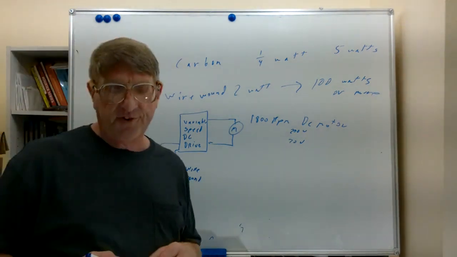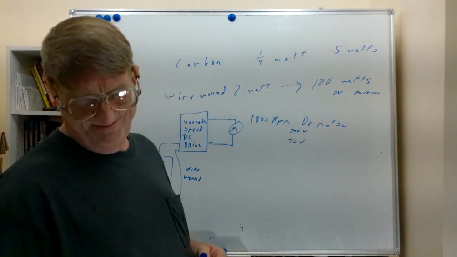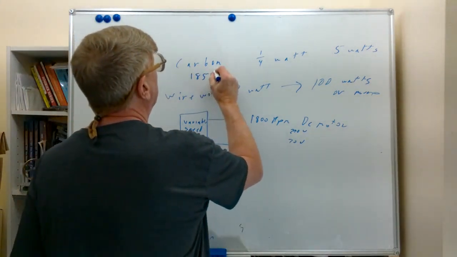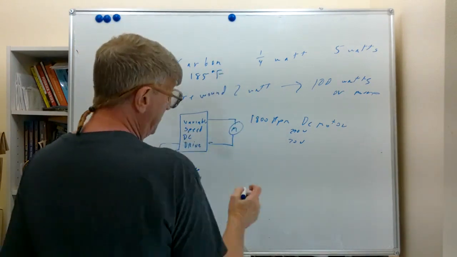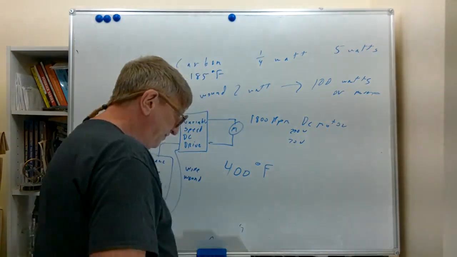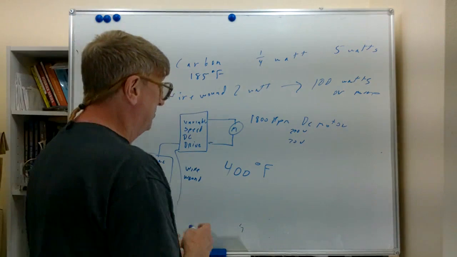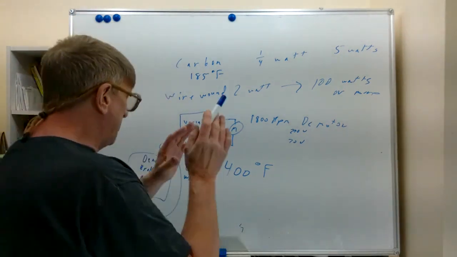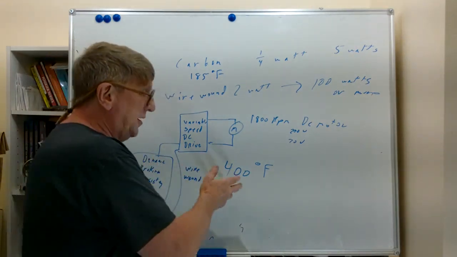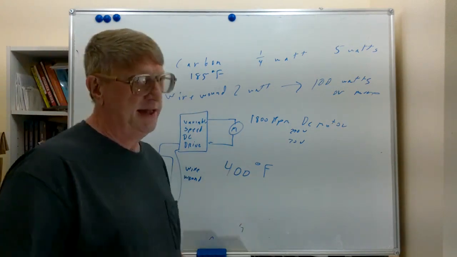A carbon resistor is good for maybe 185 degrees Fahrenheit, while this one might be good for 400 degrees Fahrenheit. Either way, you'd burn your fingers on them, but because of the amount of power being bled off, we need the wire wound resistor so it can absorb a significant amount and handle the temperature.